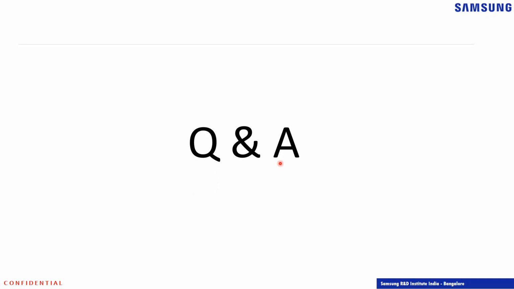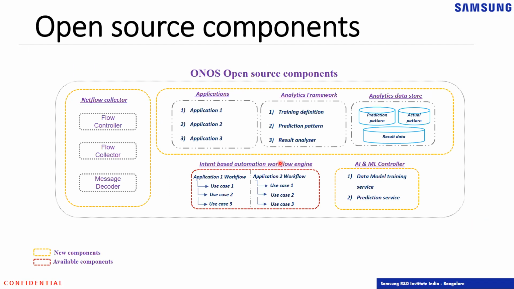Second, if you wouldn't mind going back a couple of slides, so that we could talk about some of the new components. The NetFlow collector components on the left-hand side here are new components that you will create to collect the flow information from the flow collector software, from the environment.